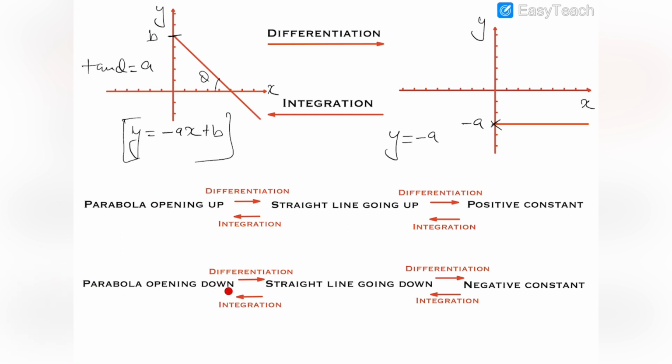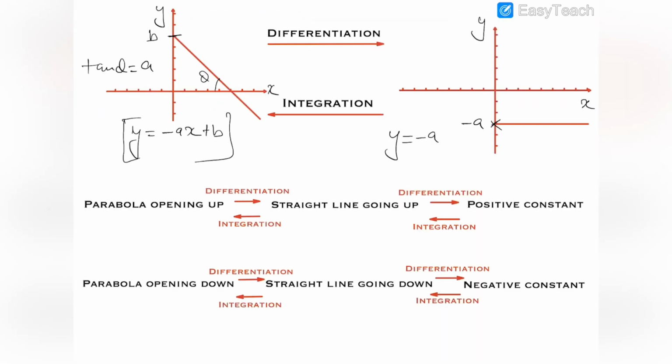Now if we differentiate a parabola opening down, we get a straight line going down, and if we differentiate a straight line going down, we get a negative constant. If we integrate the negative constant, we get a straight line going down, and if we integrate the straight line going down, we get the parabola opening down.